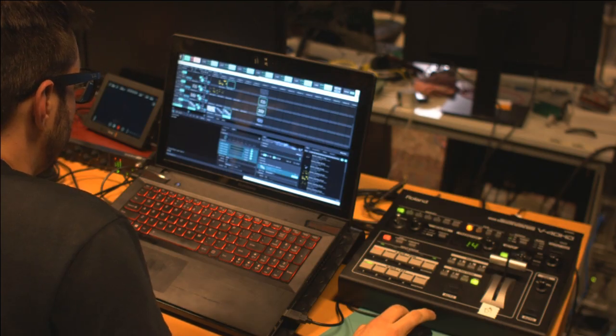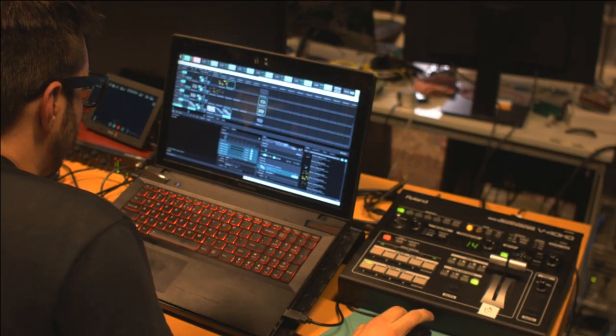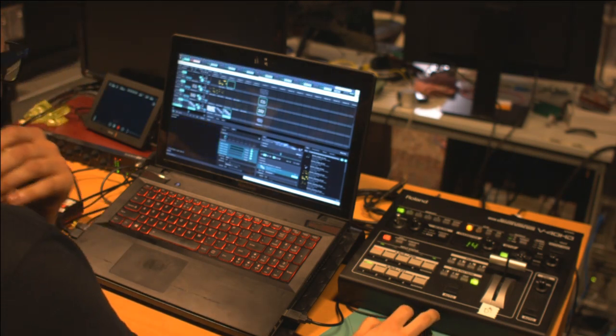Okay, so meanwhile the guys there are checking a couple of things. Here, let me see if we can have a peek of what they're doing. Yeah, look at the guys. This funky setup.